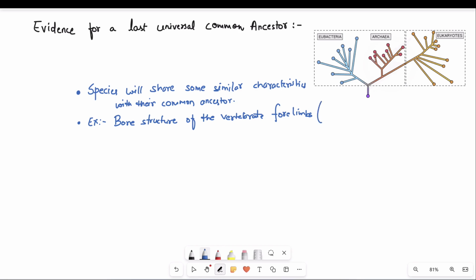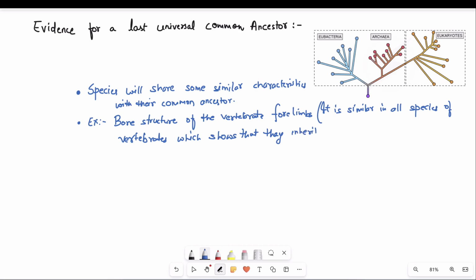So I can say in the bracket that it is similar in all species of vertebrates, which indicates that they inherit this structure from a common ancestor.